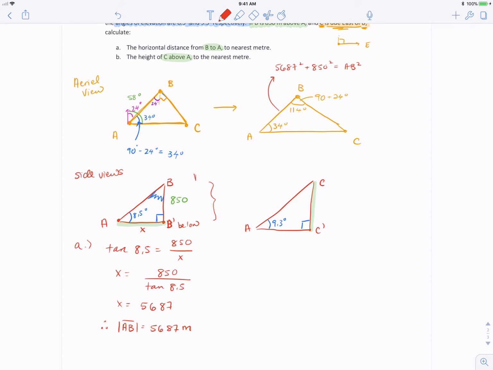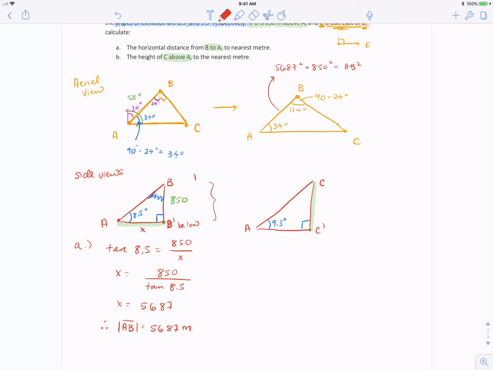And I'm going through and I'm solving them. So give yourself a second to see if you can calculate these values here. Again, I'm just going to pull out my calculator for these values. And I have 5687 squared plus 850 squared.